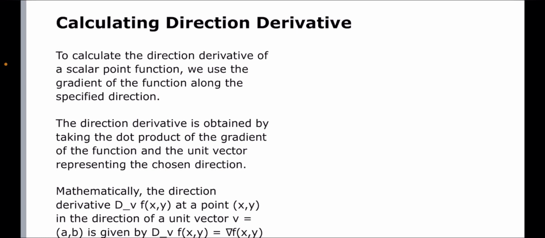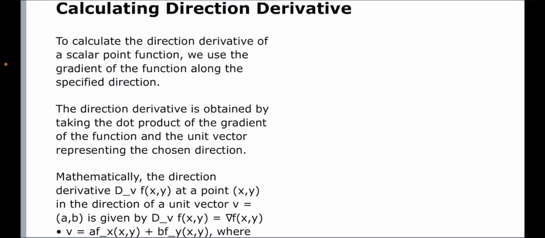To calculate the directional derivative of a scalar point function, we use the gradient of the function along the specified direction. The directional derivative is obtained by taking the dot product of the gradient of the function and the unit vector representing the chosen direction.